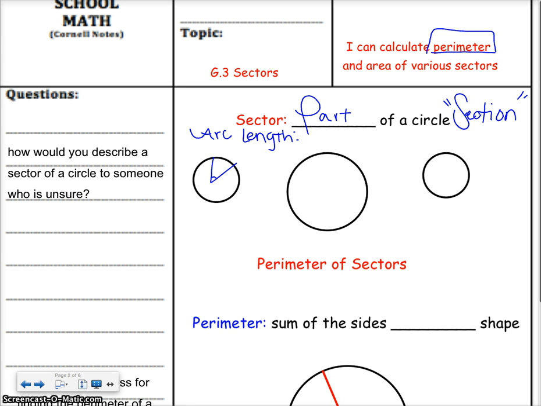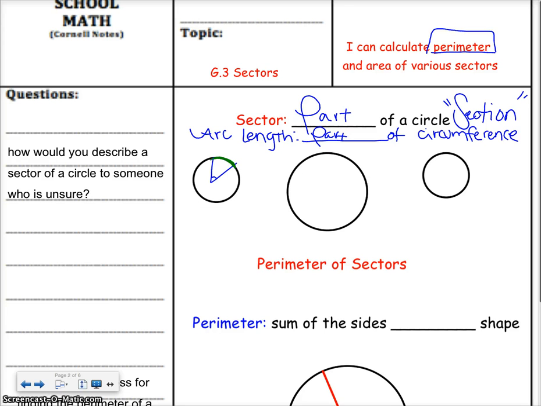And arc length is really, watch this, part of circumference. So, a sector is part of a whole circle, and an arc length is part of the circumference. Here's an arc. Each time you section off a circle, there's going to be an arc above it.